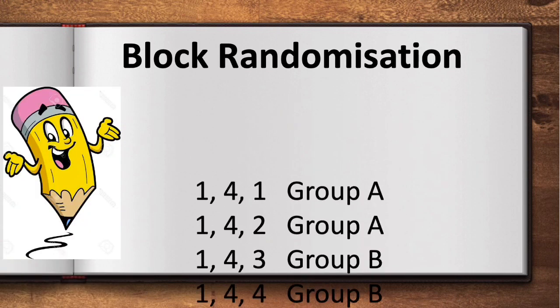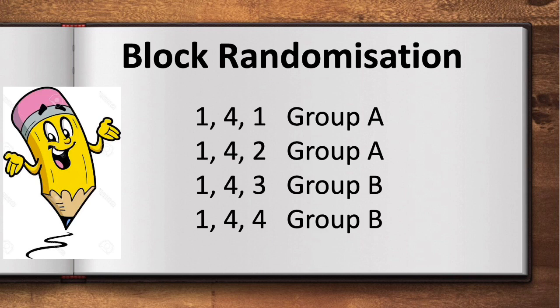Next is block randomization. In simple randomization, there is a chance that an unequal number of subjects may get selected in each group. So to prevent this, we can use block randomization. It is used in two treatment situations where the sample sizes for the two treatment groups are to be equal in characteristics.